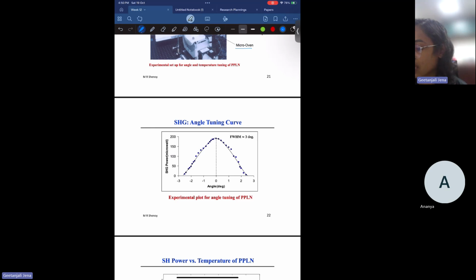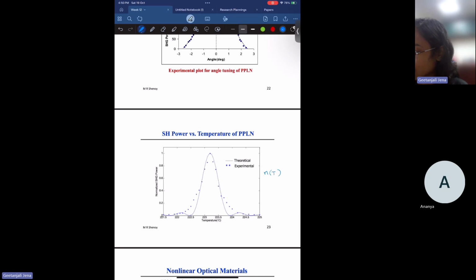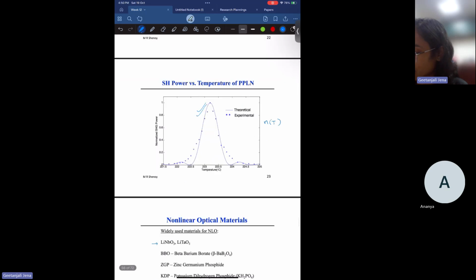By changing the angle, you can see how the second harmonic generation power is changing. And for the temperature, you can also see how the second harmonic generation power varies depending on the temperature of the system. So these are some experimental plots.